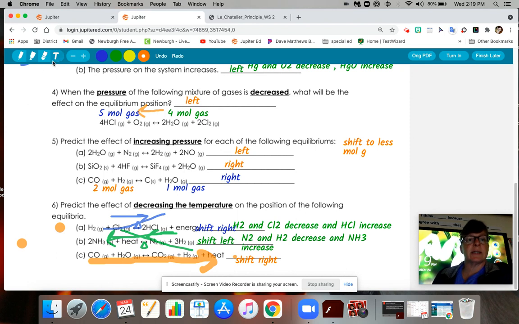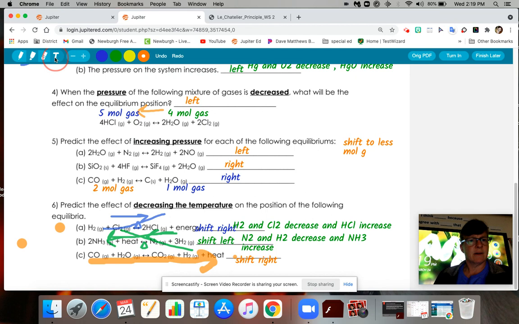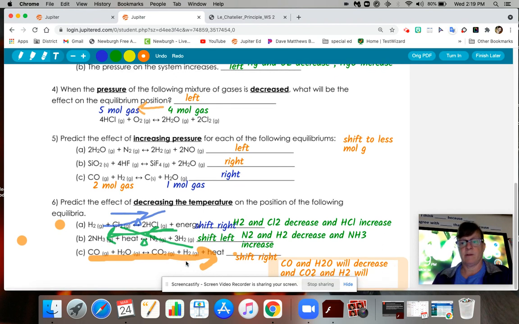Those are going to decrease. So CO and H2O will decrease. And wherever you're going, the side you're going to, which is in this case the right, the CO2 and H2, that's what's on the right, will increase.